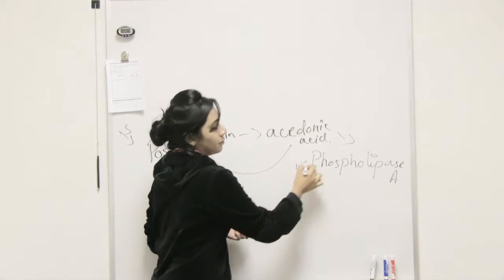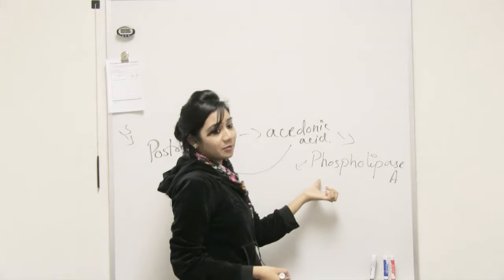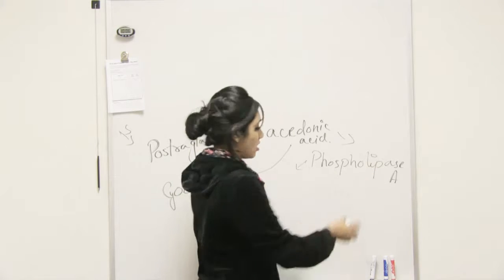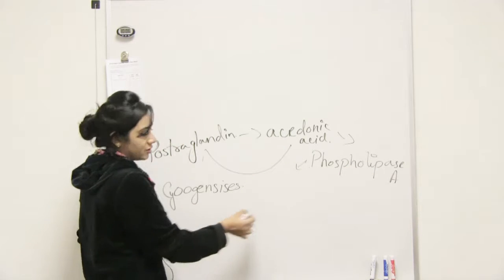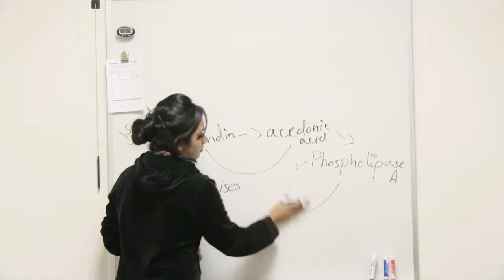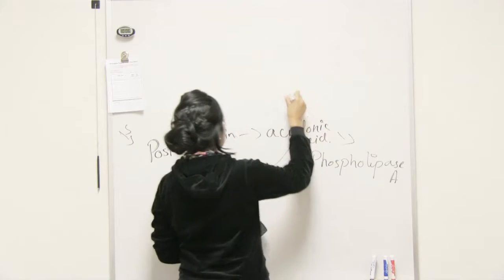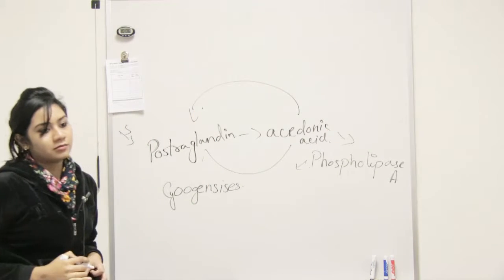So this is an enzyme, right? When this prostaglandin turns into arachidonic acid, an enzyme is produced, phospholipase A, which by the process of cyclooxygenase turns this arachidonic acid back to prostaglandin.